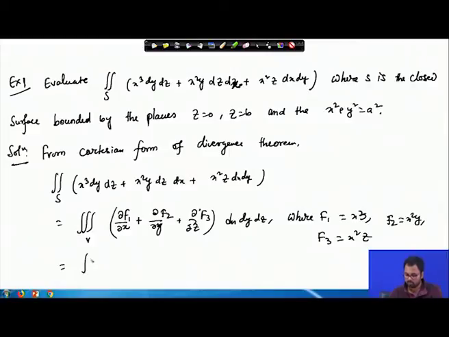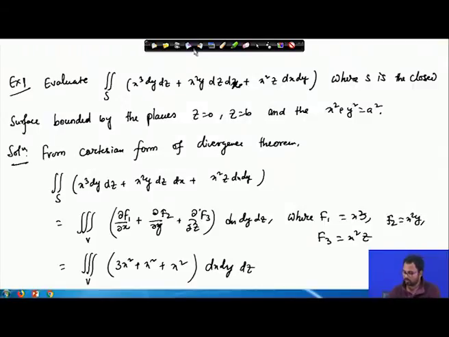If I substitute all these things here, del x of f1 is 3 x square, plus del y of f2, which is x square, plus del z of f3, which is simply x square, and then we have dx dy dz. So, 3 plus 1 plus 1 is 5. So, this will be 5 times the volume integral of x square dx dy dz.